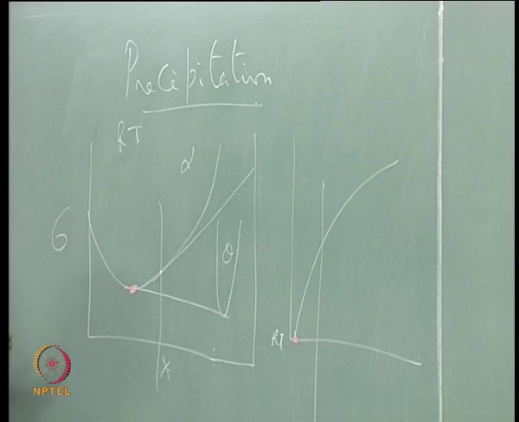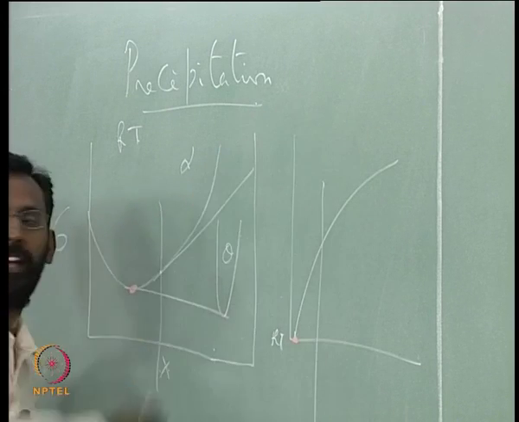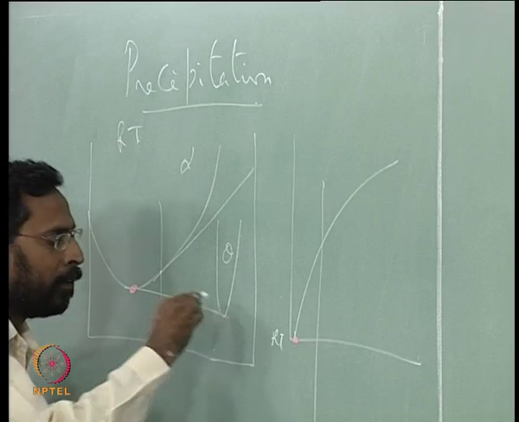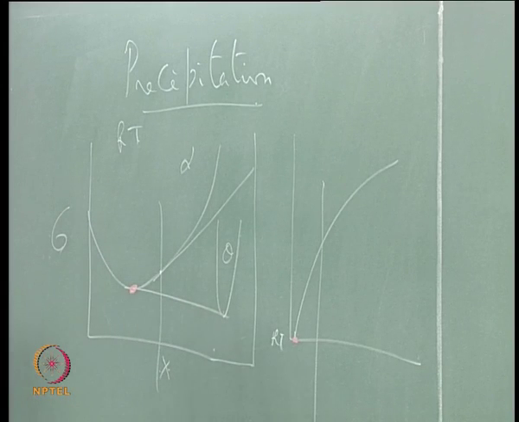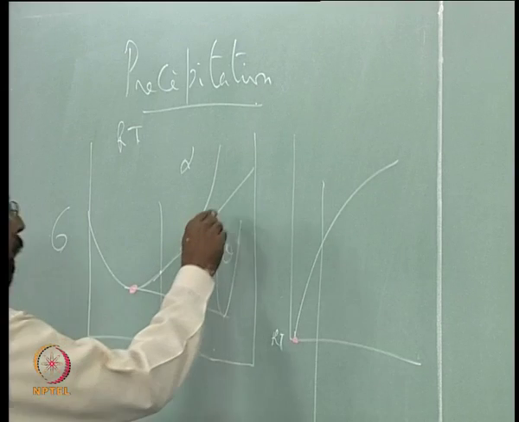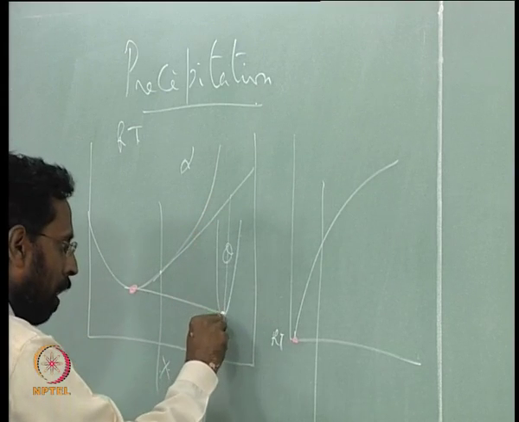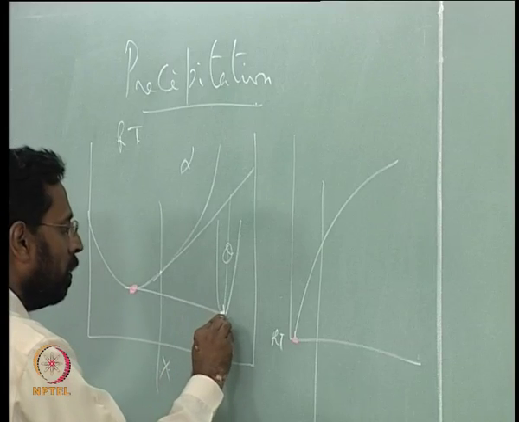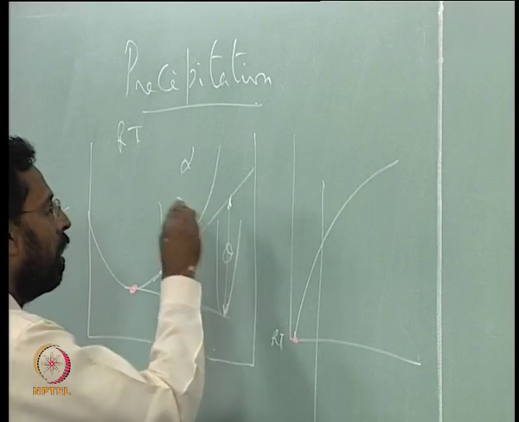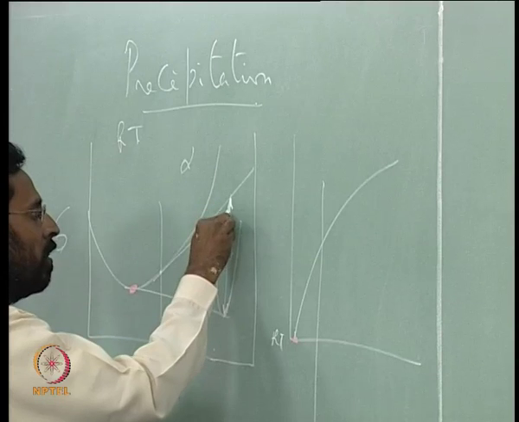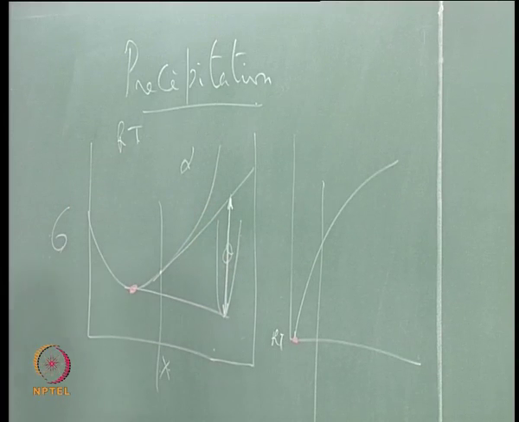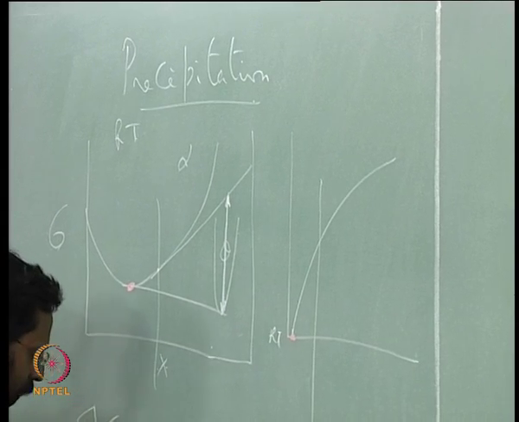At the alloy composition, if I draw a line which is a tangent to the alpha free energy curve, and wherever it gets extended at the precipitate phase composition, if you draw a vertical line, this difference indicates the driving force for the nucleation. We call it delta G for the nucleation.